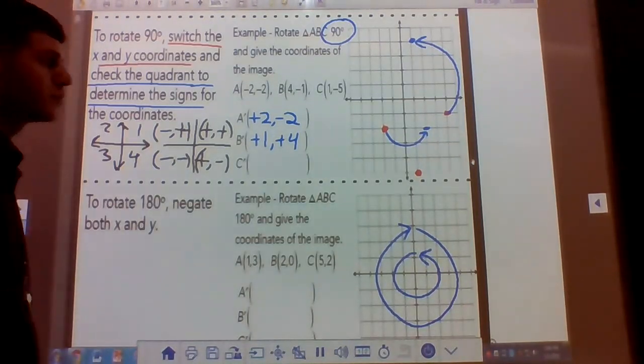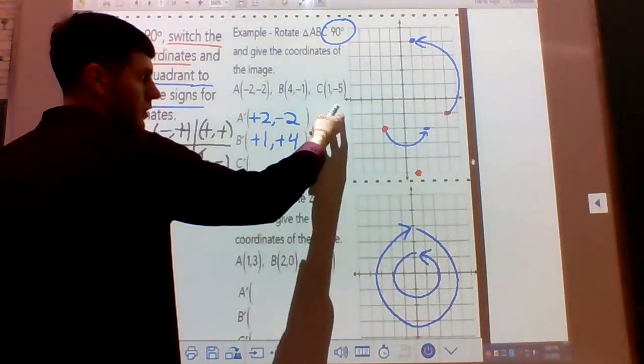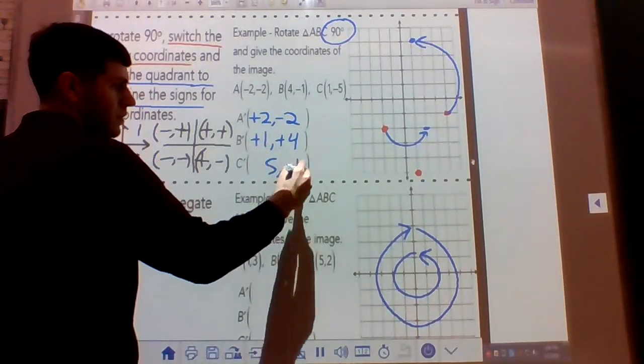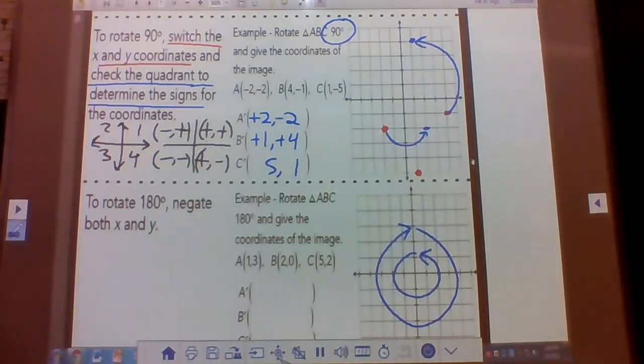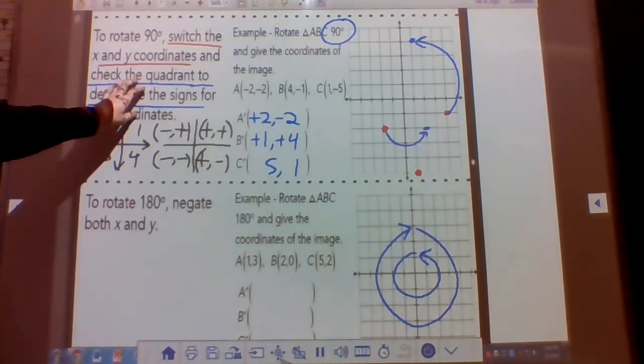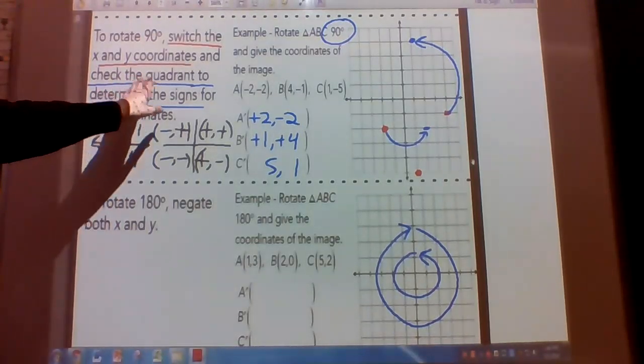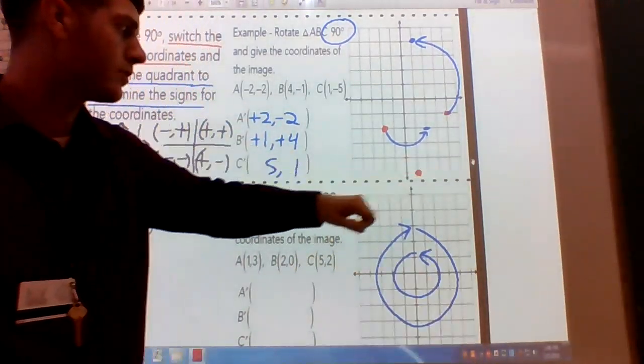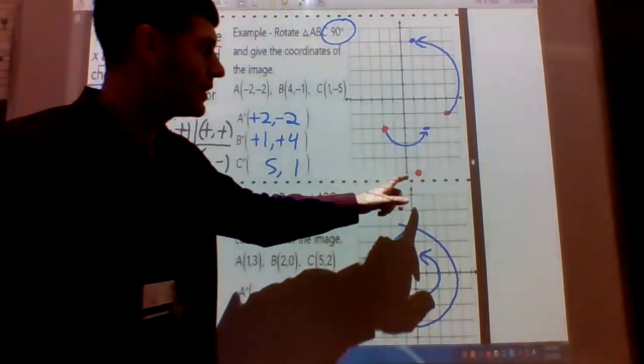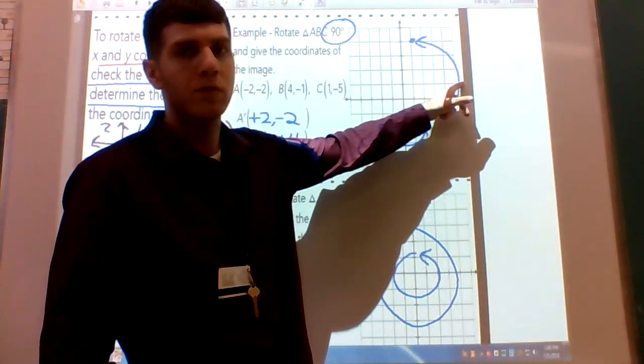Then our last point here is 1, -5. So we switch the numbers, 5, 1. We don't care about the negative there. We just switch the positive absolute value of each of those coordinates. Then to find the sign of the coordinates, we need to look at the quadrant we're going into. Again, this is in quadrant 4. We're rotating 90 degrees, so we're going one quadrant over.